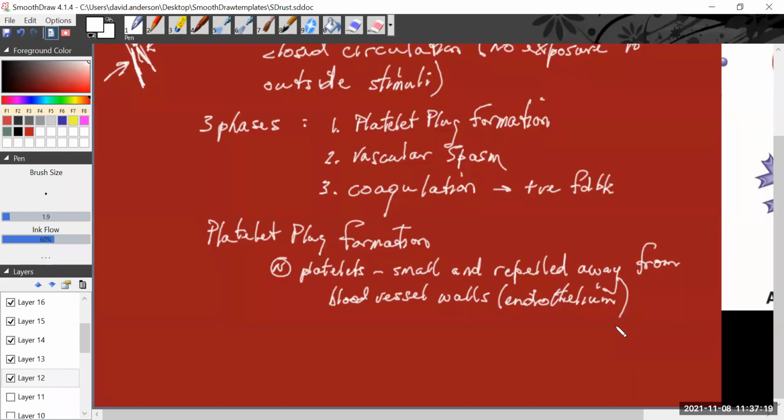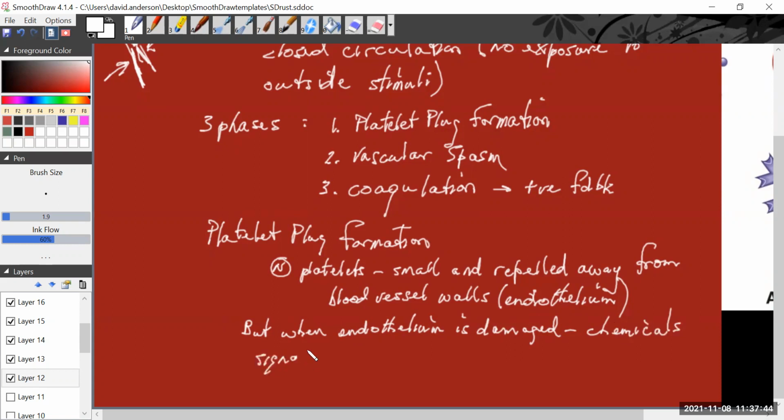But if the endothelium gets broken, when the endothelium is damaged, chemicals are released that signal platelets to become active.